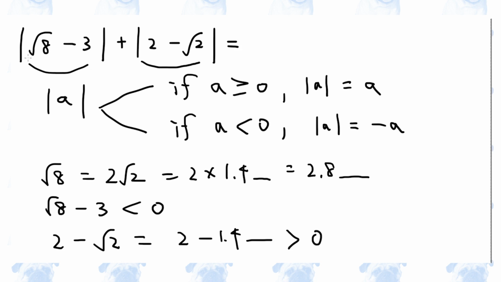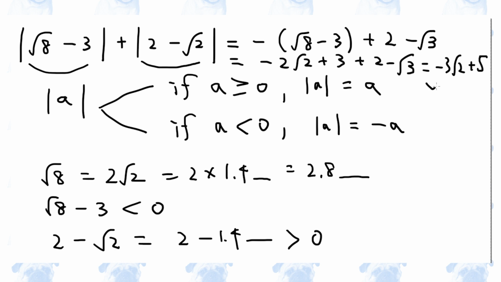So, as for the first part, we can remove the absolute value signs by putting a minus in front. As for the second part, we can simply remove the absolute value signs. So the answer is minus 3 root 2 plus 5, or 5 minus 3 root 2.